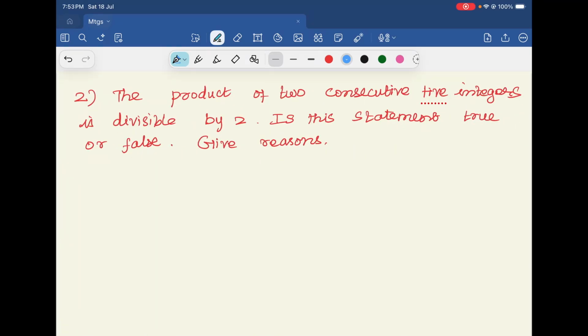The second question: the product of two consecutive positive integers is divisible by 2. Is this statement true or false? Give reasons.